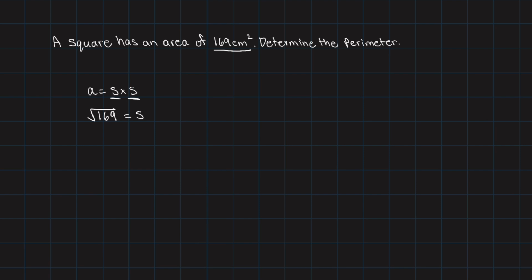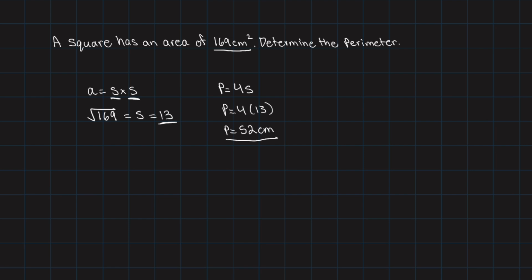And when we do that, we get 13. So this tells us that each side is 13 centimeters. Now, to find the perimeter of a square, we know that it's 4 times s. So we just simply substitute in the values, 4 times 13, and that gives us 52 centimeters. And that is the perimeter.